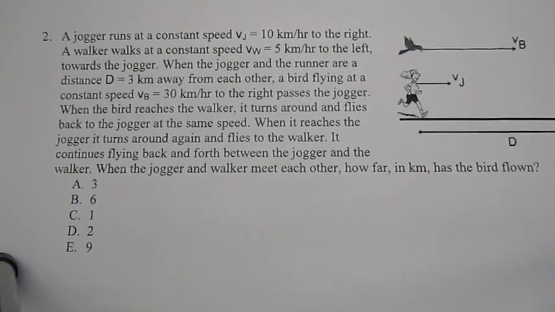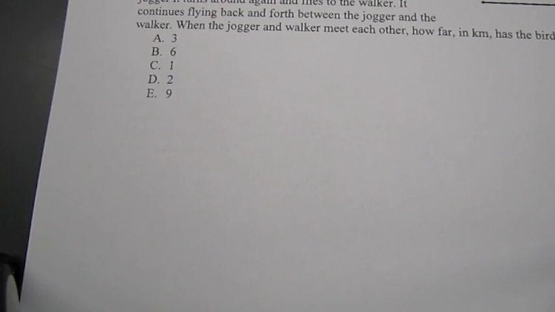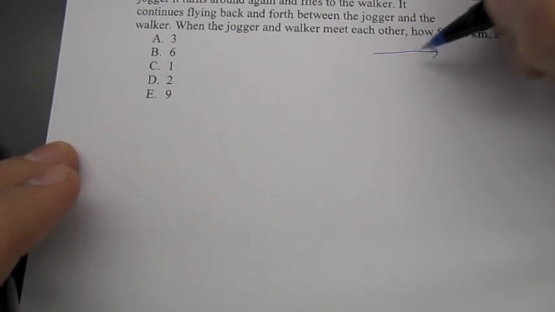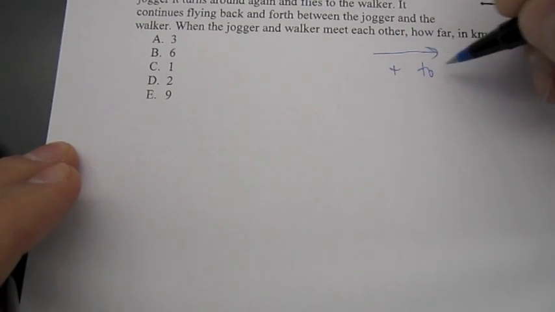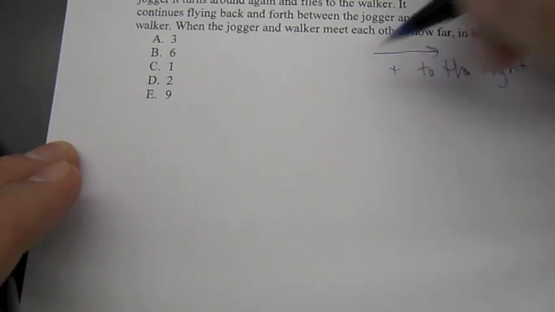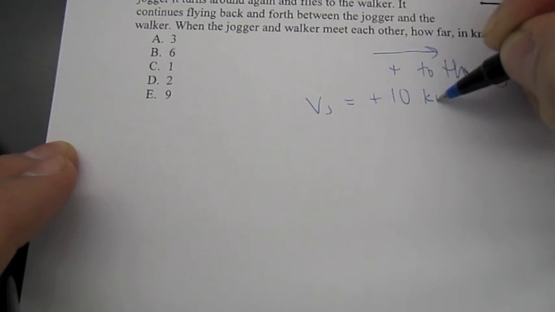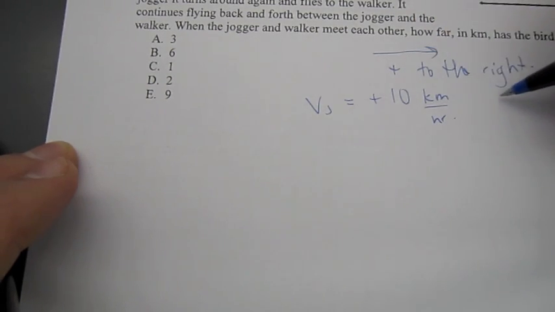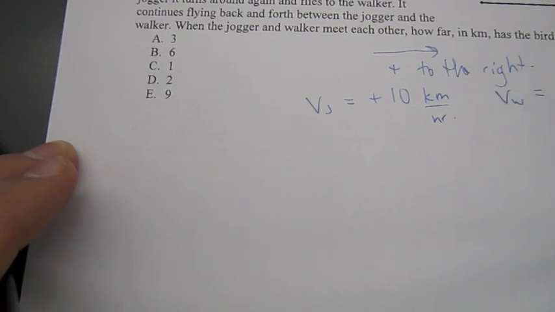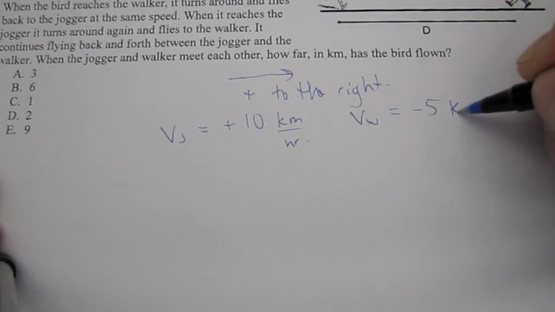So let's take a look at my solution. Okay, so basic idea here. Let's write down some of the things we know. We'll set positive to the right. So the v of the jogger is plus 10 kilometers per hour. And the v of the walker is equal to negative 5 kilometers per hour.